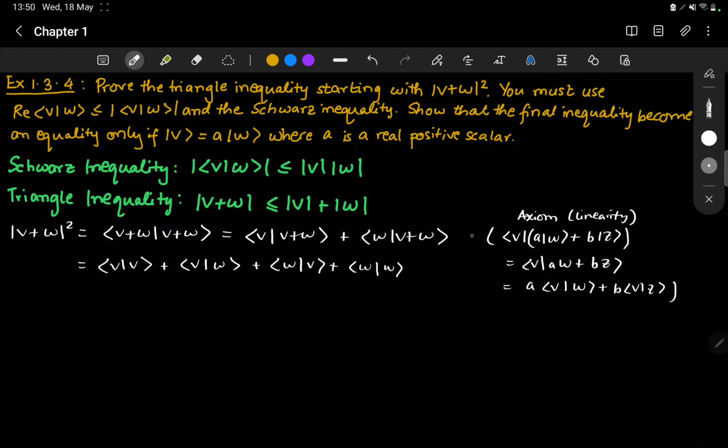So using this axiom, we have expanded this inner product in this step.